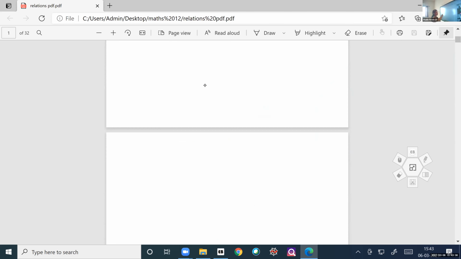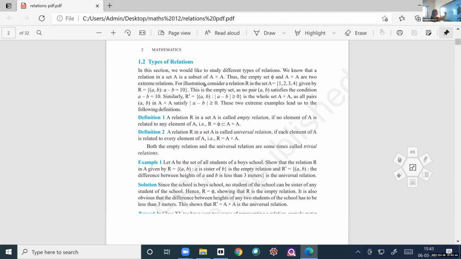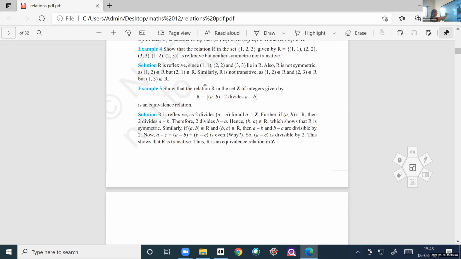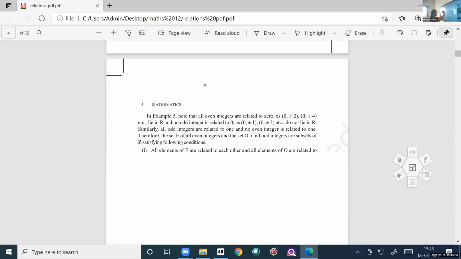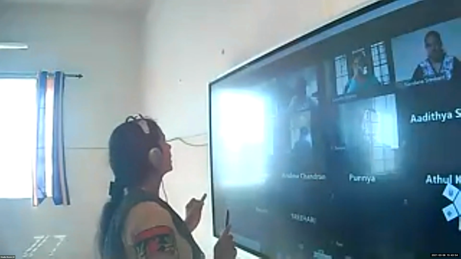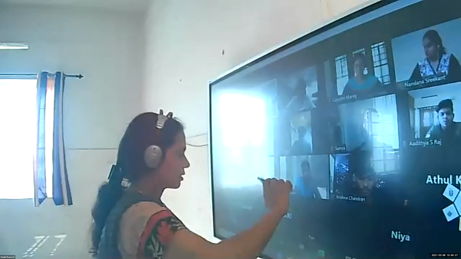The first one is equivalence relation. The first exercise we have completed, and I asked you to do the homework questions. Try all the homework questions in your textbook, examples and exercise. Okay, able to understand? This is our exercise, second exercise.